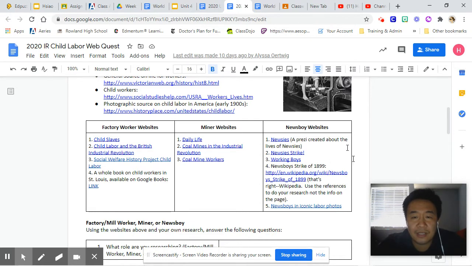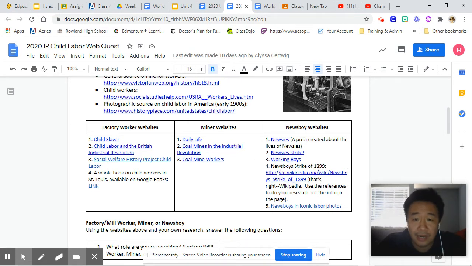The last one is about newsboys, and that is a lot of information. They're called Newsies, and one of the most famous things that the Newsies did is that they took on a man called Randolph Hearst, and he was one of the richest men during that time. The Newsies took him on, and you find out what happened to the strike that happened in 1899.